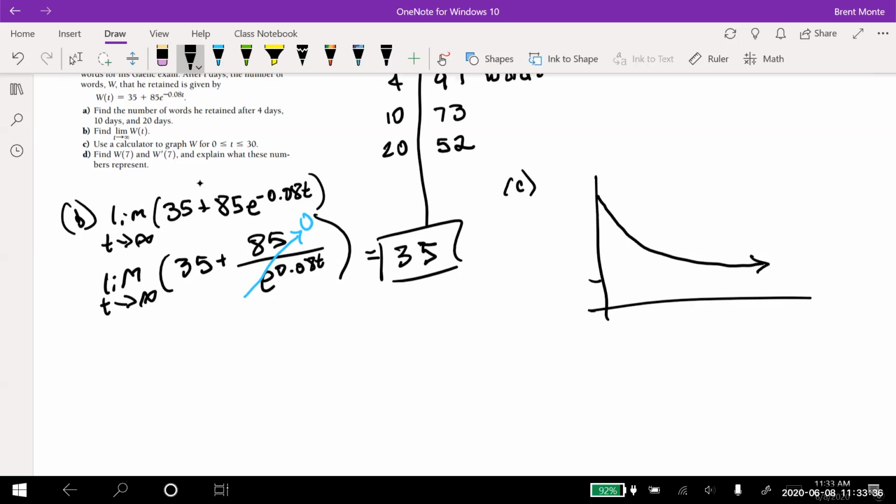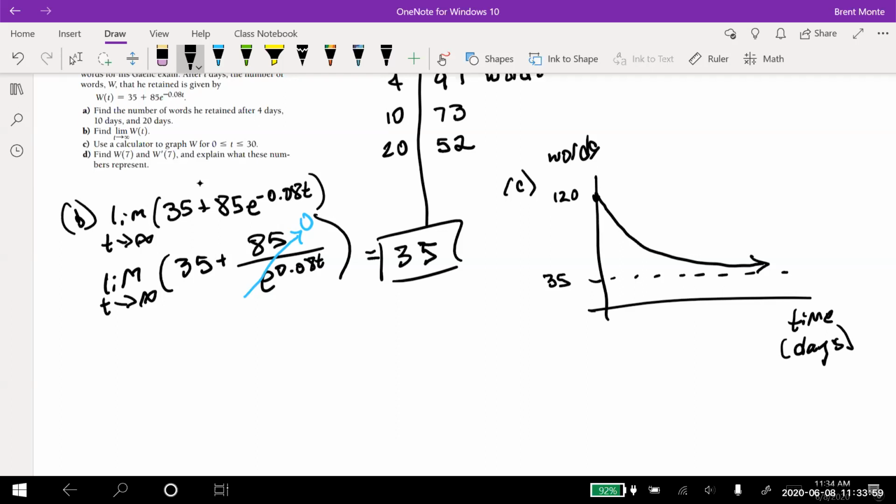This down here would have had a horizontal asymptote at 35. It started up here. This was at 120. So that was my graph. This would have been words. This was time, in days. So there's my graph if we want that graph.